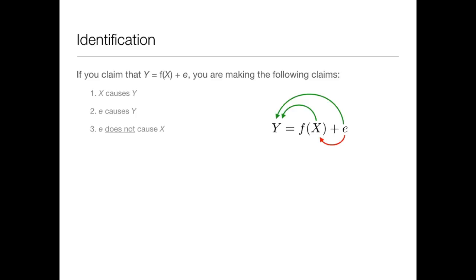In this model, if e causes x, then potentially what could be going on is that really e could be causing y via x, and x could be relatively unimportant. So if e causes x, that creates a potential problem for the causal argument that you're making. Another potential problem is reverse causation.